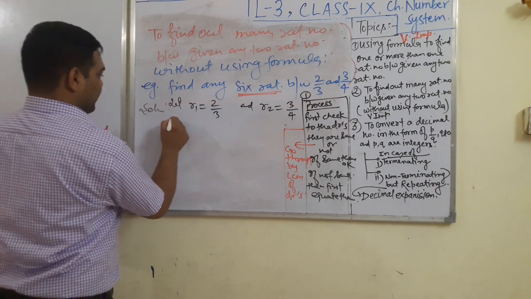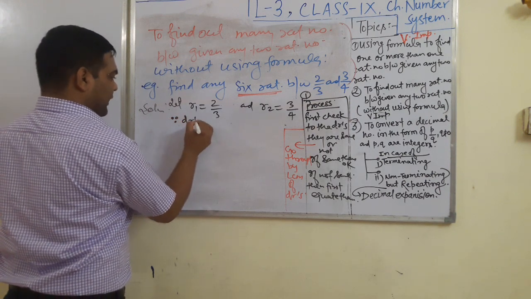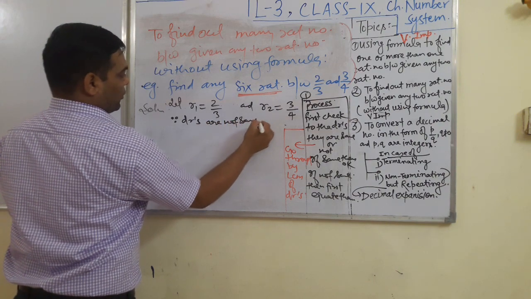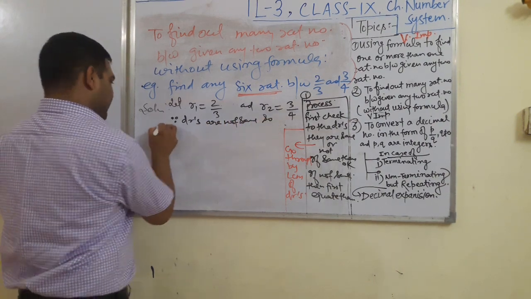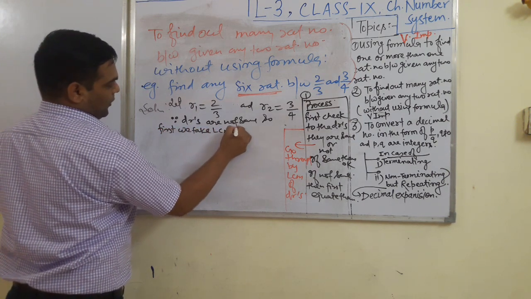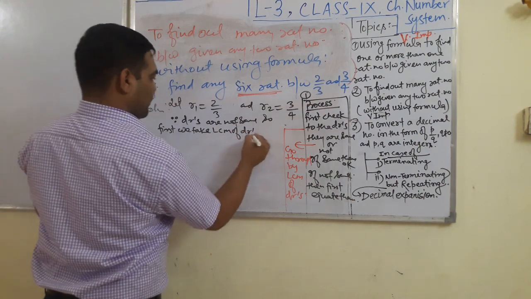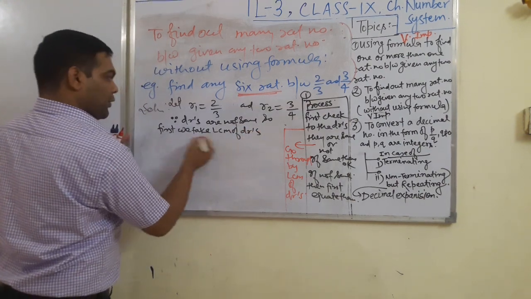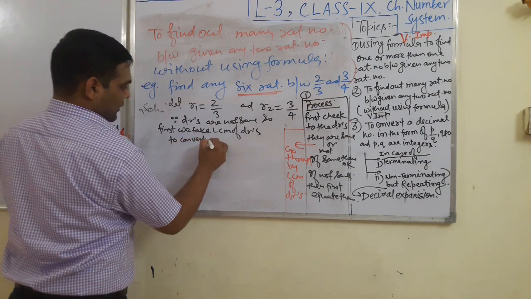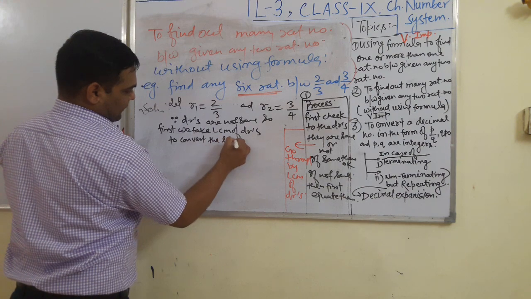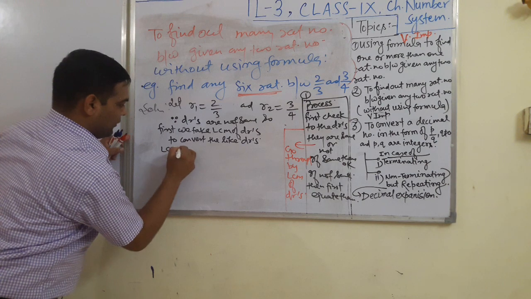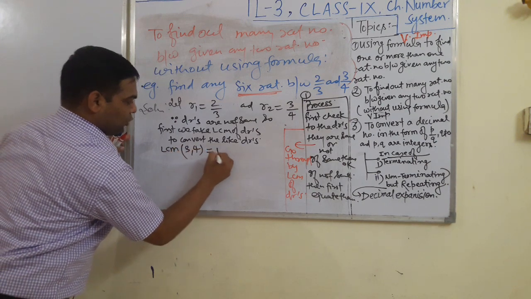What to write here? Since the denominators are not the same, we first take the LCM of the denominators to convert them to like denominators. See here, the LCM of 3 and 4 is 12.